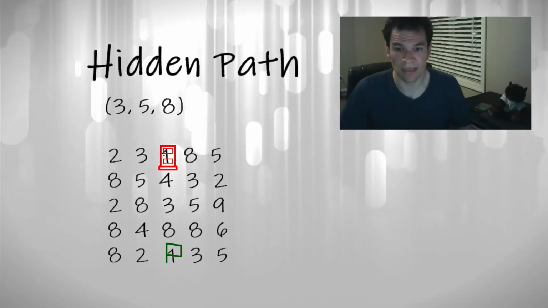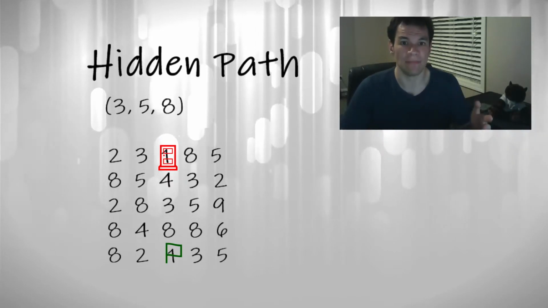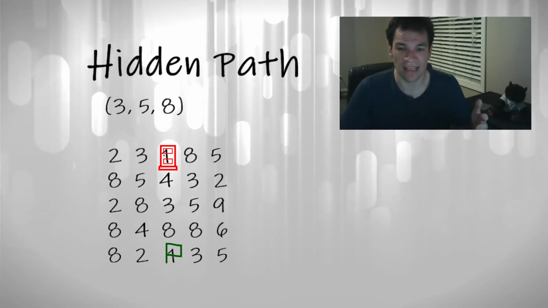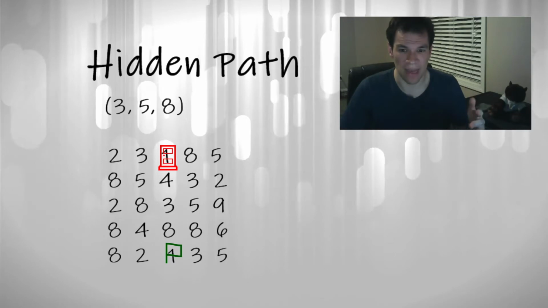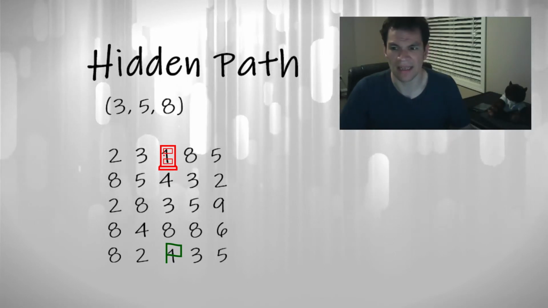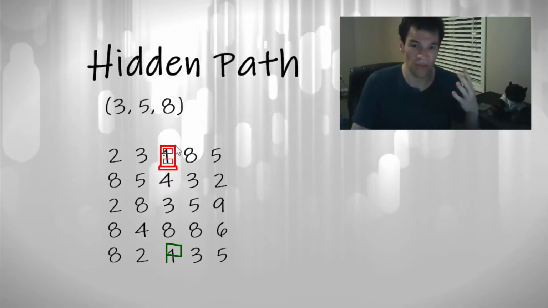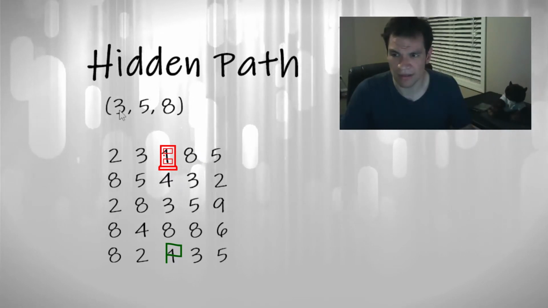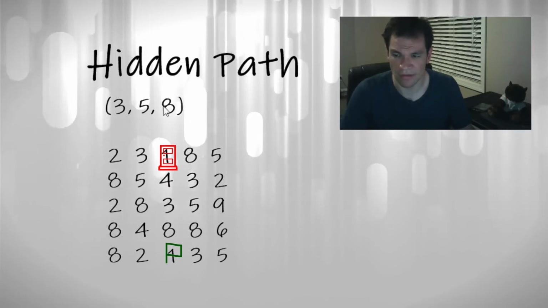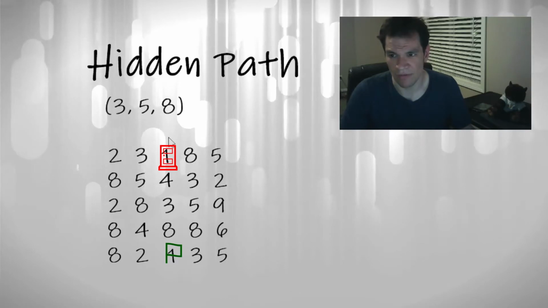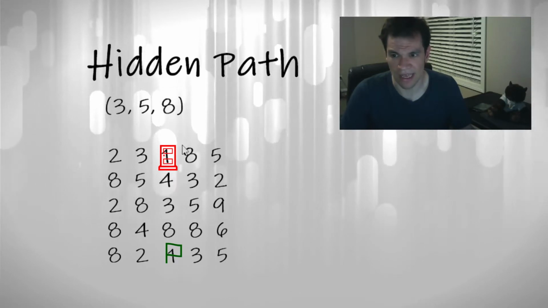The problem is to write a program that reads the matrix and the pattern and finds a path from the entrance to the exit. And the path must fulfill the following conditions. The path must match the pattern over here, even if it's repeated, from the beginning until the exit.